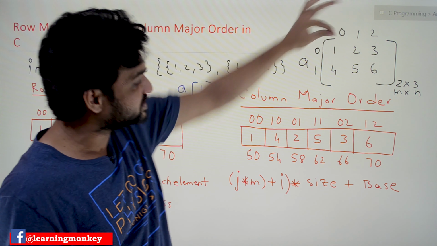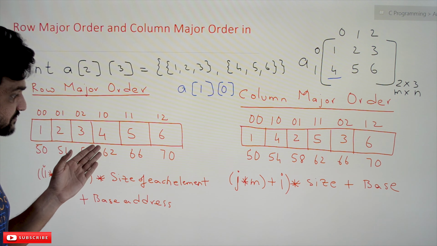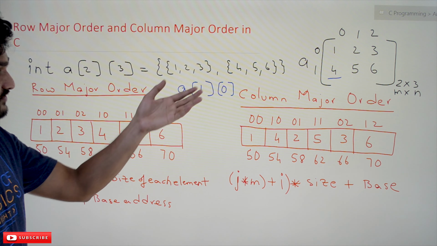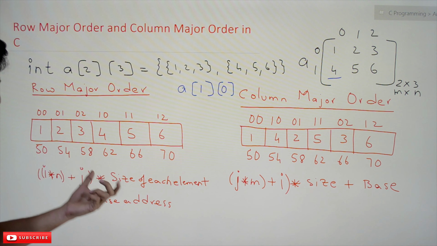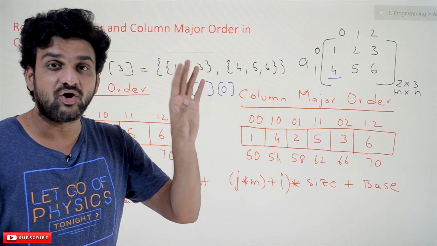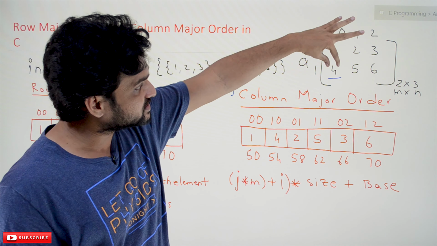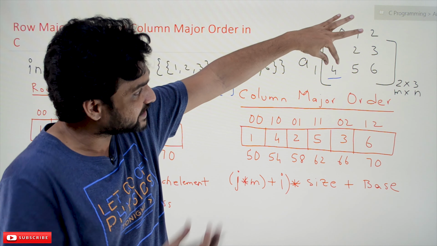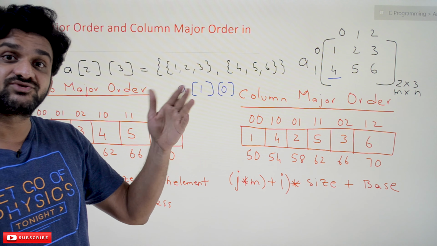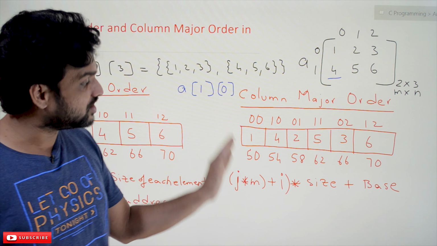So he is going to give 1 0 as the index. Whether it is stored in row measure order or column measure order is not the concern of the end user. The end user will always ask for this value with 1 and 0. But the compiler is going to store the values in row measure or column measure order.